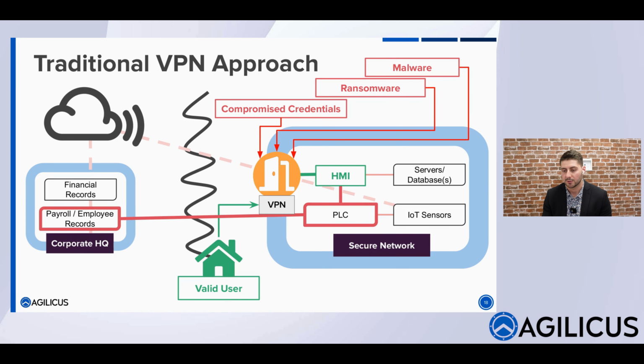Well, that's where you get this notion of, I trust the user, but you're actually saying I trust everything that could possibly come along with that user. And even worse, once that individual connects with a VPN, it's on and off access. So this means that that user and everything and anything bad that could possibly come along with that user can now go laterally anywhere within your network.